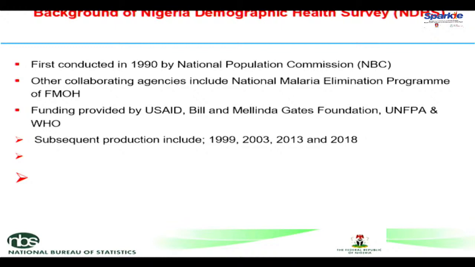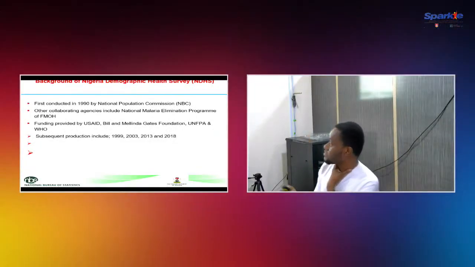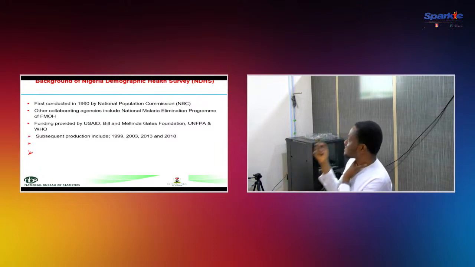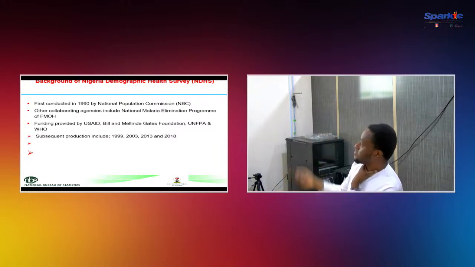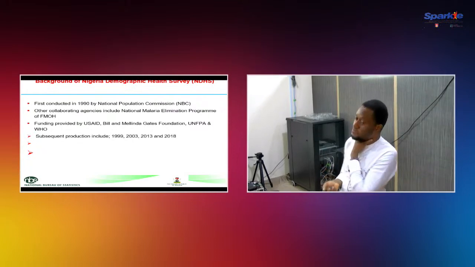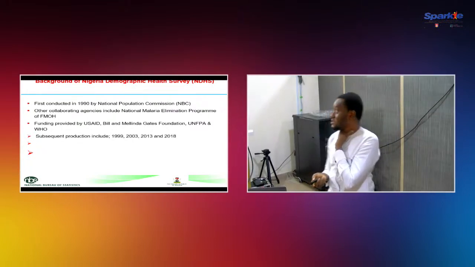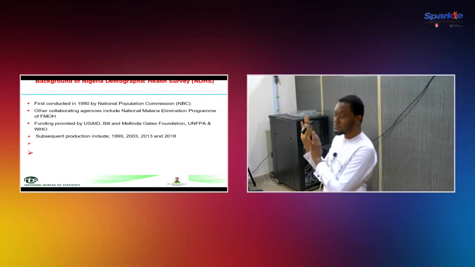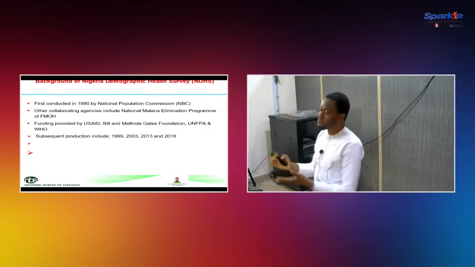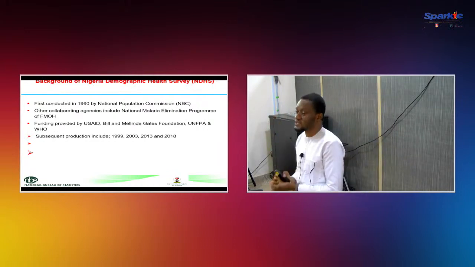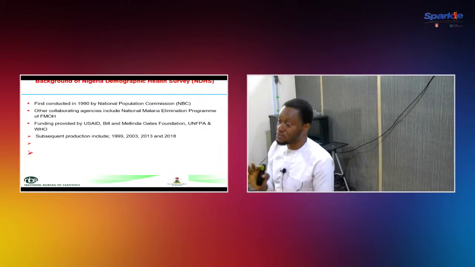Further collaborating agencies include the National Malaria Elimination Program from the Federal Ministry of Health, while funding was provided by USAID, Bill and Melinda Gates Foundation, UNFPA, and World Health Organization. Subsequent publications in the series are 1999, 2003, 2013, and 2018.